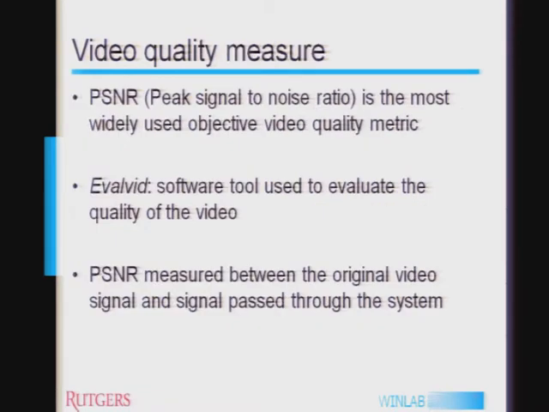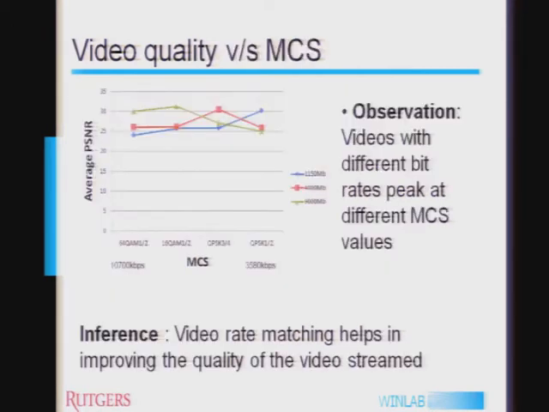To evaluate our video quality, we are using a metric called PSNR, a well-known software tool used to evaluate video quality, and it measures the average PSNR between the original video and the video at the client end when you receive the video. In this example, we've streamed a constant bitrate video and seen the average PSNR recorded. We see that streaming a constant bitrate video all along and not checking for the channel condition does not work well.